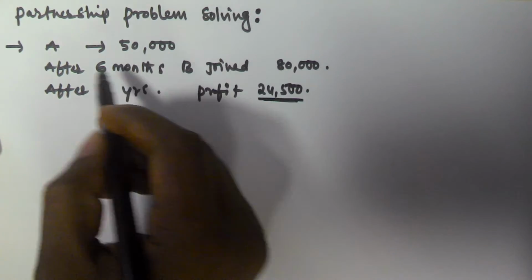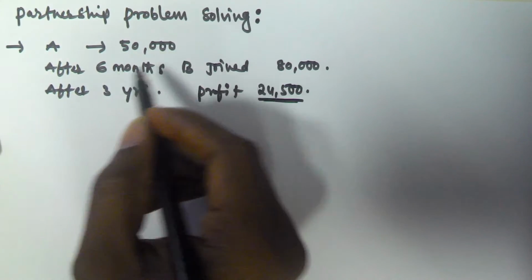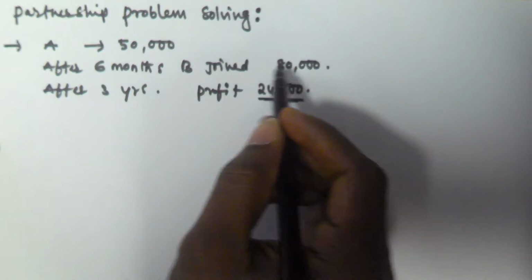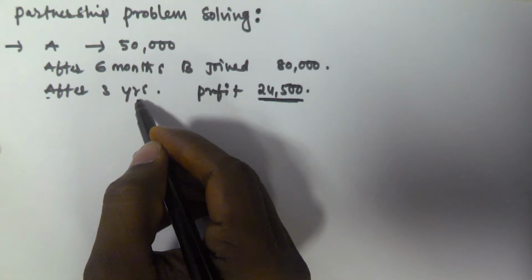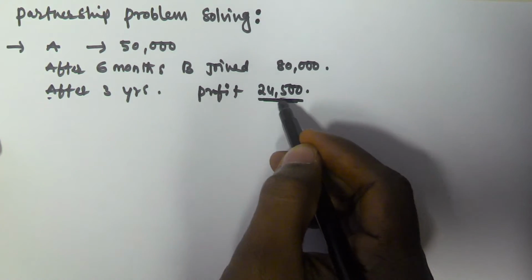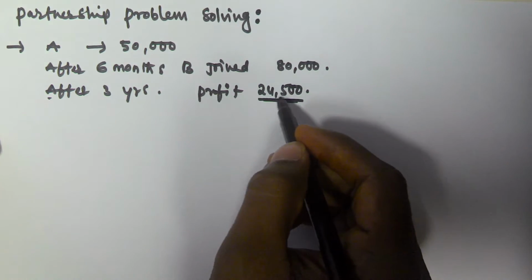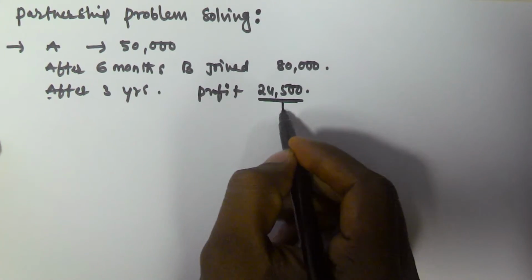So the question is, A started a business by investing 50,000 rupees. After 6 months, B joined him with a capital of 80,000 rupees. After 3 years, they got a profit of 24,500. So we have to find the share of A and B in this profit.